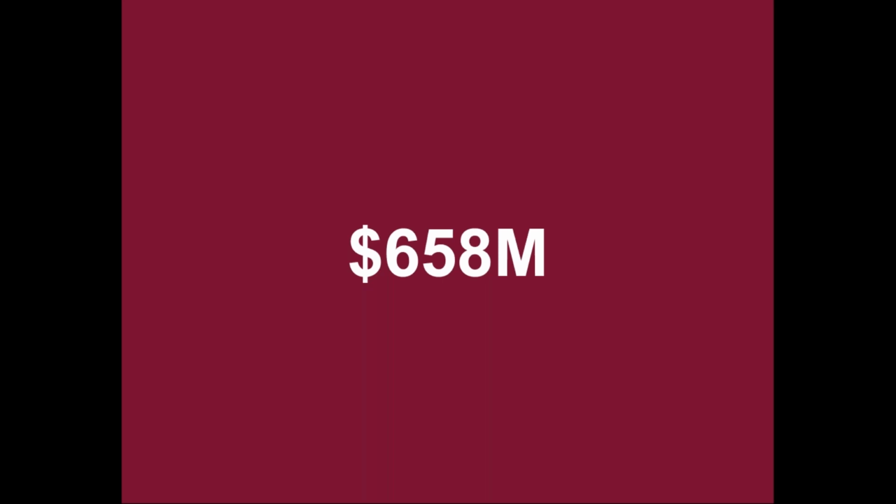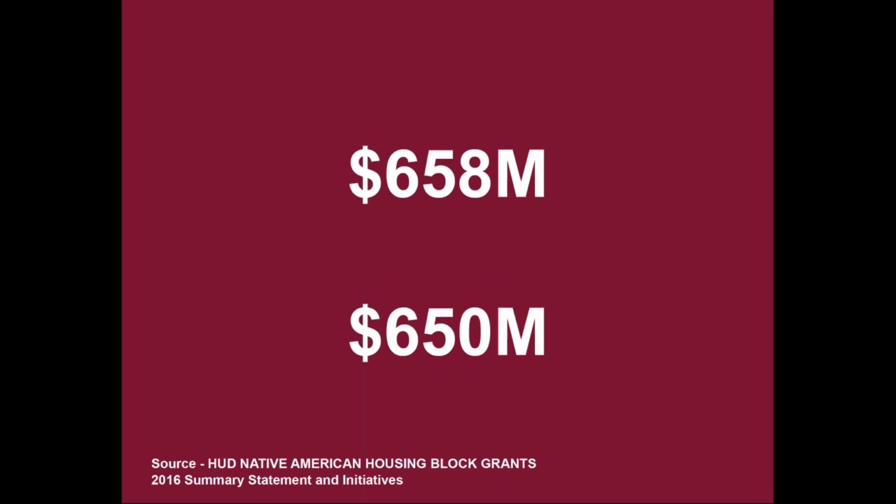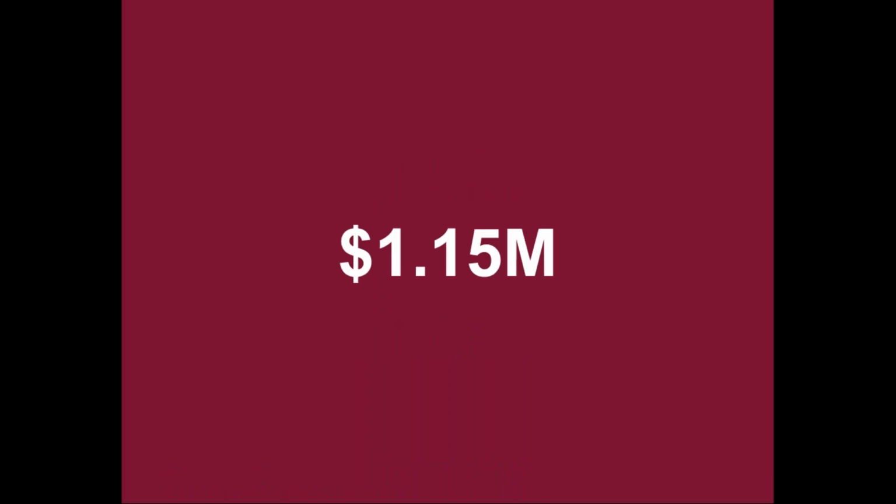And as we break it down, this is the budget in which we're working. This is the Indian Housing Block Grant that is distributed through Housing and Urban Development. If you were to look at that versus last year's block grant, it's about a 1.5% increase in dollars.